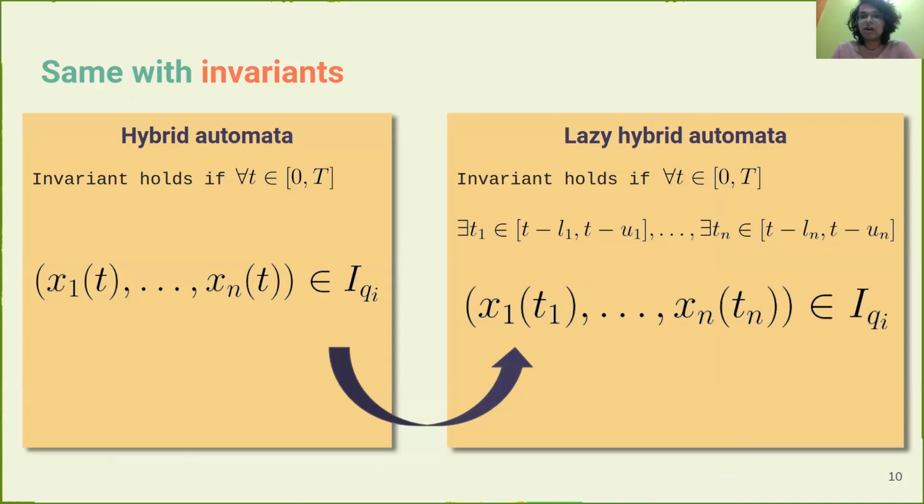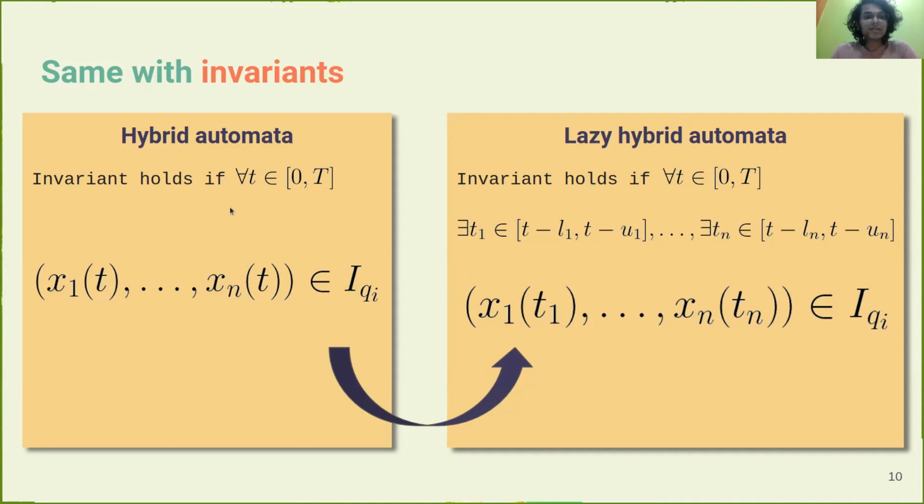Now we need to do the same translation of the evaluation with the invariants, because since we cannot observe the value of the system variables at an exact instance of time, we also need to introduce the delays within the invariants.